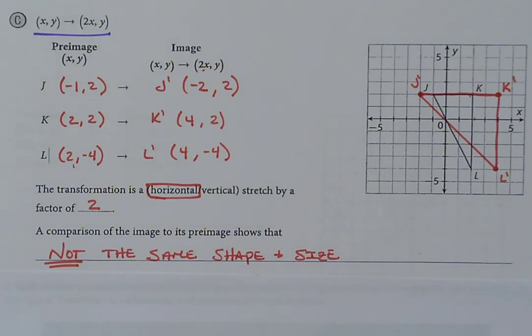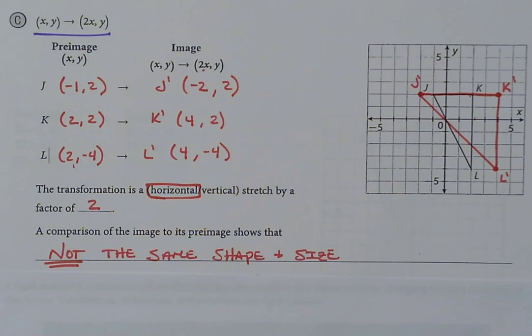Now, I realize in this case that I've gone from a triangle to a triangle, so some of you may be thinking, well, it's the same shape, it's the same figure, but the shape of the triangle has changed. So before, it used to be more narrow, it's now wider. And then the size has changed as well. So, a few things to note: when you add or subtract a number to x and y, it maintains shape and size.